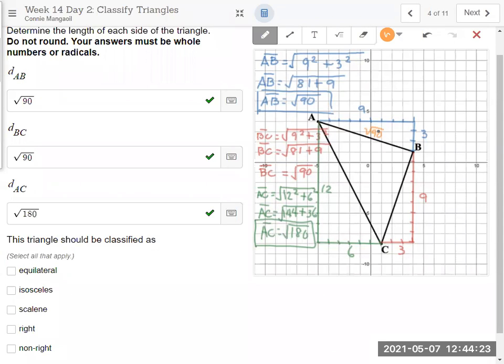BC is equal to the square root of 90. And then AC is equal to the square root of 180. Okay, so what kind of triangle is this? Is it equilateral, isosceles, or scalene?